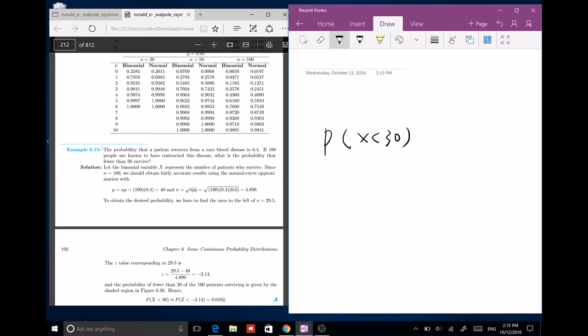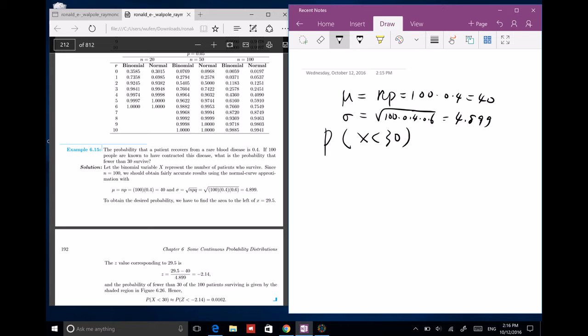Then we find mu equals np, which is 100 times 0.4, which is 40. And sigma equals the square root of 100 times 0.4 times 0.6, which is 4.899. So this is a binomial distribution.